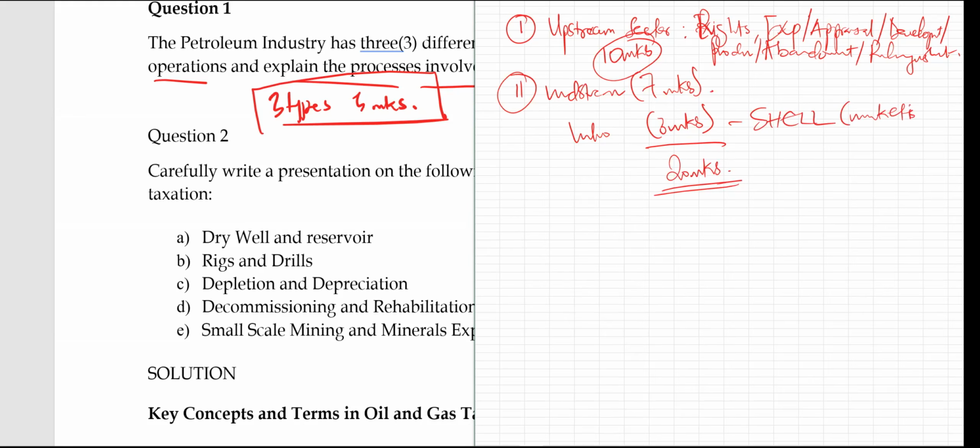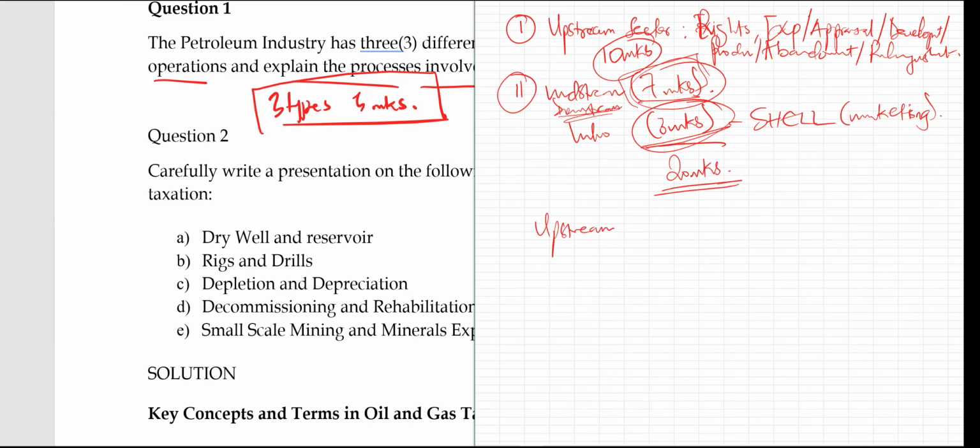It involves the refineries and there is sales and marketing. Don't they assign marks to that part? I said 7 marks for midstream and downstream, so you get 7 for these two. Then the intro is 3. Do you understand?